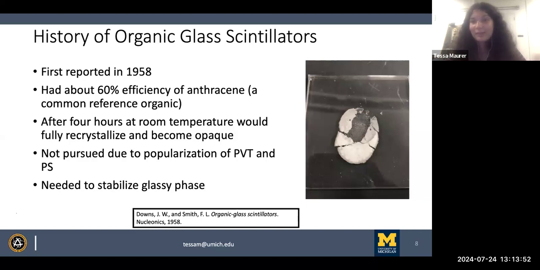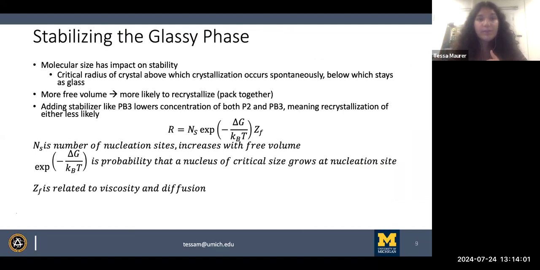It needs to be able to last at least longer than 4 hours for you to really get use out of it as a scintillator. So this goes into more detail on how they actually stabilize that glassy phase so it stays not only over 4 hours, but up to much longer time scales than that, so it can be used feasibly.